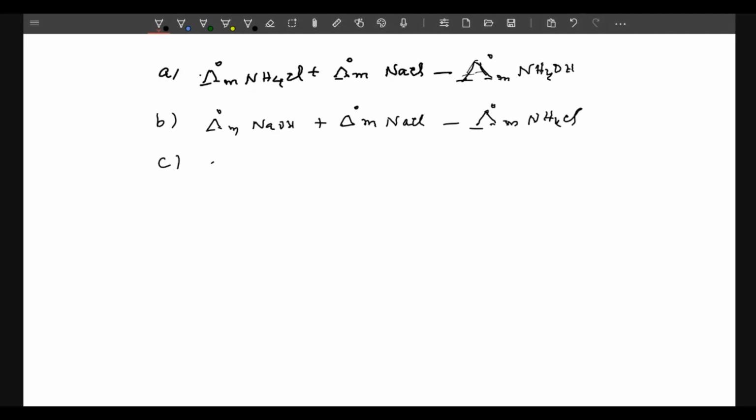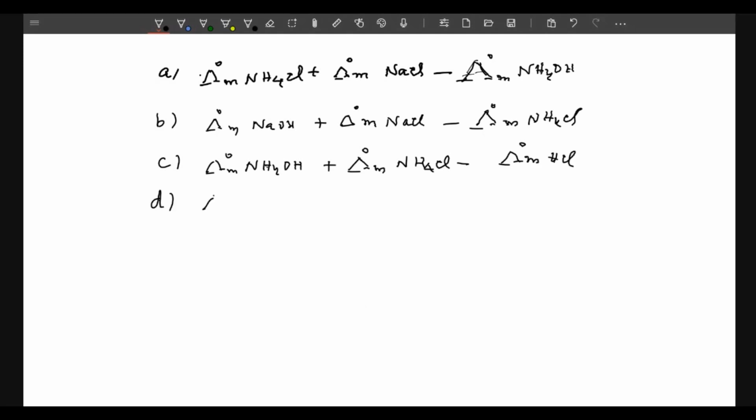C, Λ°m of ammonium hydroxide plus Λm of ammonium chloride minus Λm of HCl.